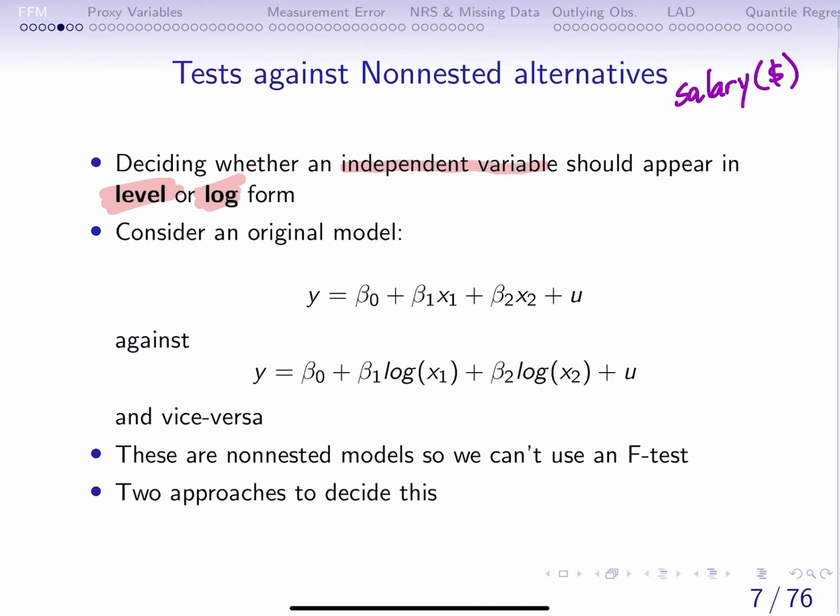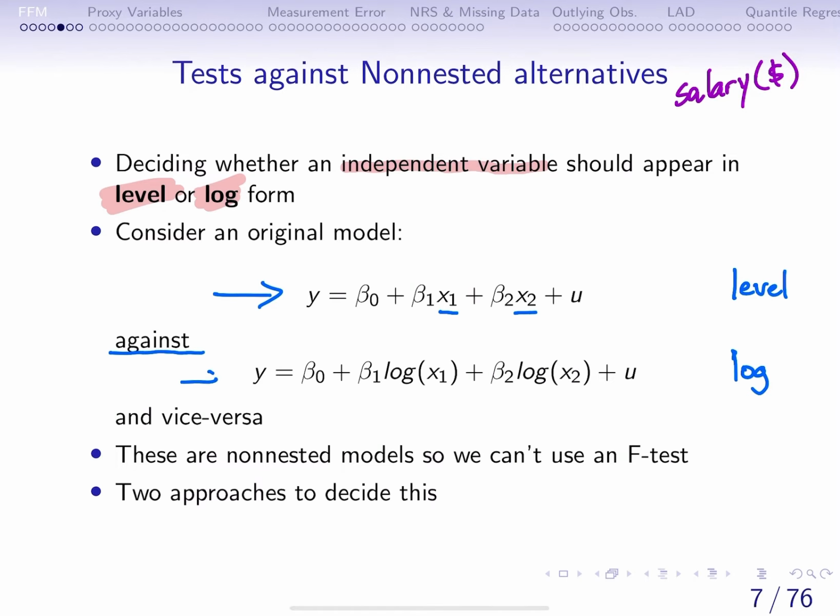So we can basically consider two models. One in which the explanatory variables appear in level. So this is in level, and the test is going to be against this other regression, which is looking at the x's in log form.